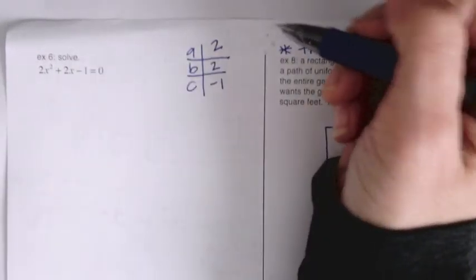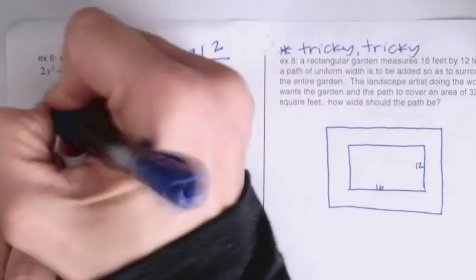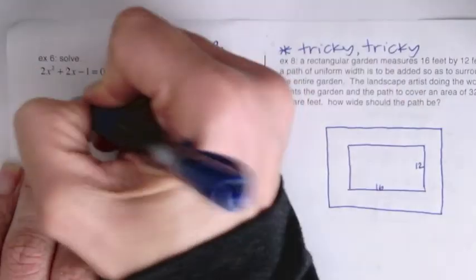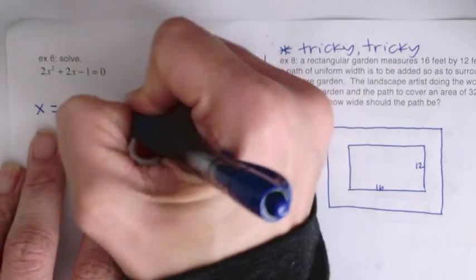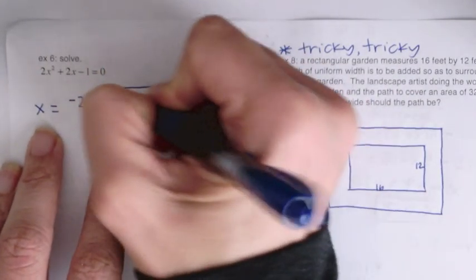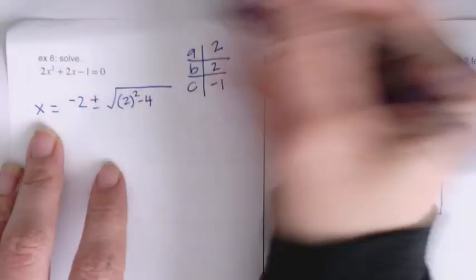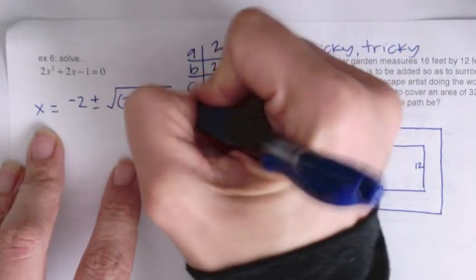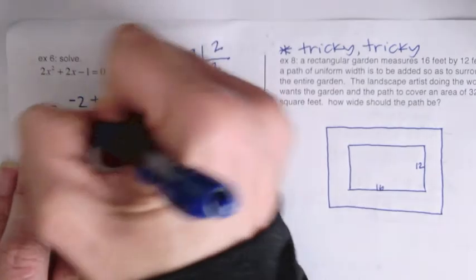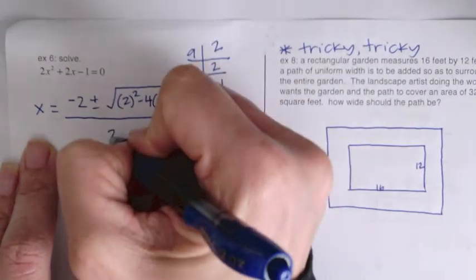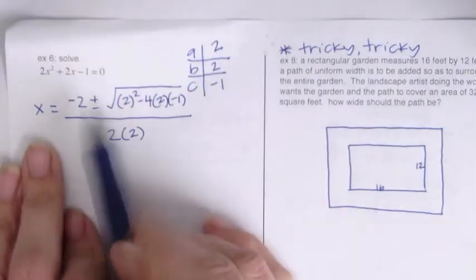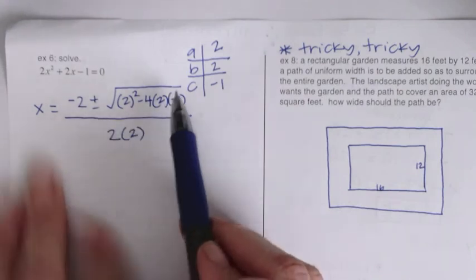You can sing this song if you want. x equals negative b plus or minus the square root of b squared minus 4ac, all over 2a. So that all over is important because it's from the negative 2 all the way over.